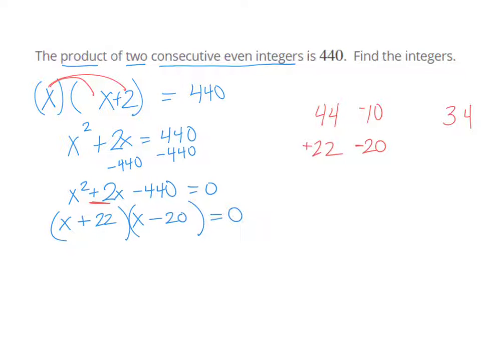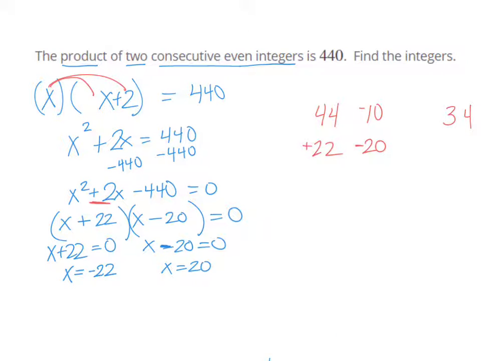Once you have it factored, you set those each equal to 0. x plus 22 equals 0, and x minus 20 equals 0. So subtract 22 on both sides, and add 20 on both sides.